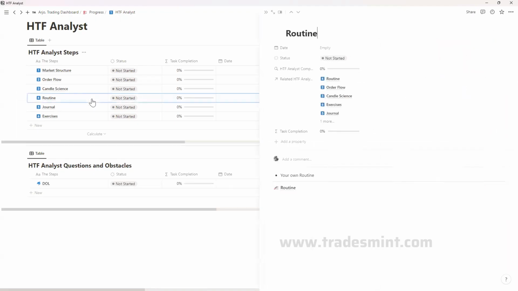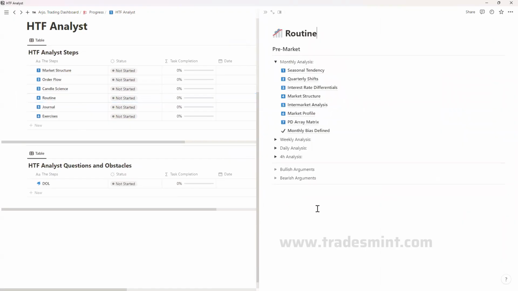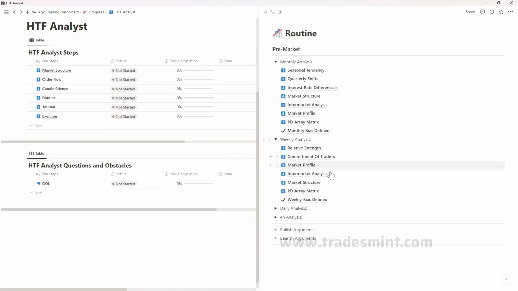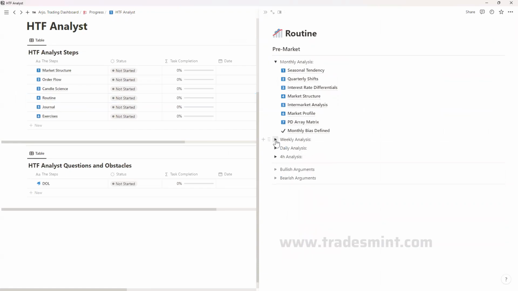Now, I also gave you a routine, but we won't be going over this routine in full detail right here. Why not? Why did you give us a routine and aren't going over it? Well, I want you to copy this routine, and then afterwards, based on my analysis, I want you to remove all things that you think aren't necessary.